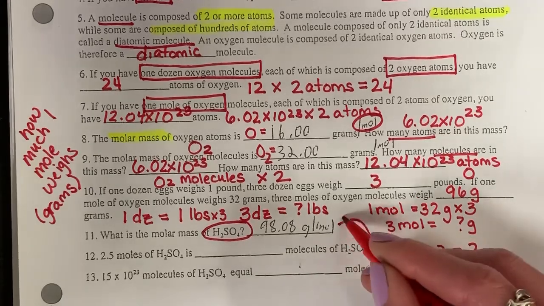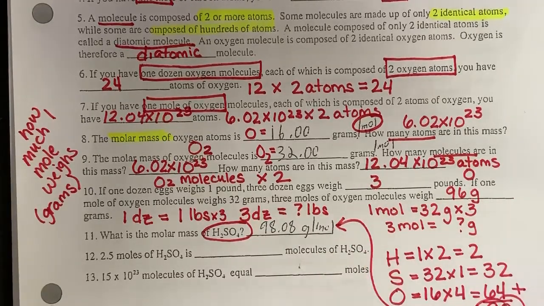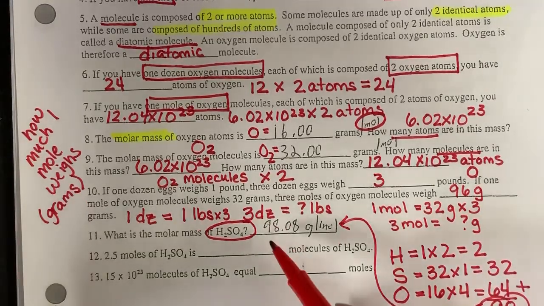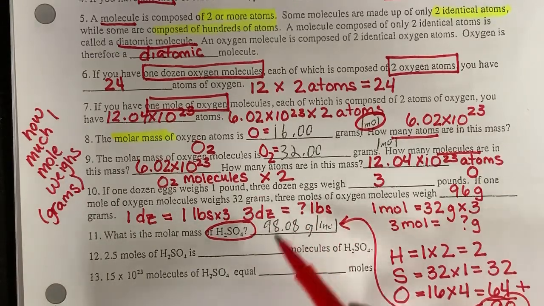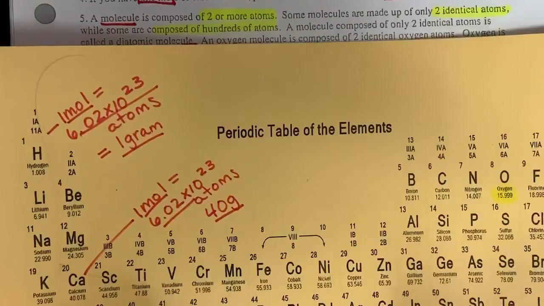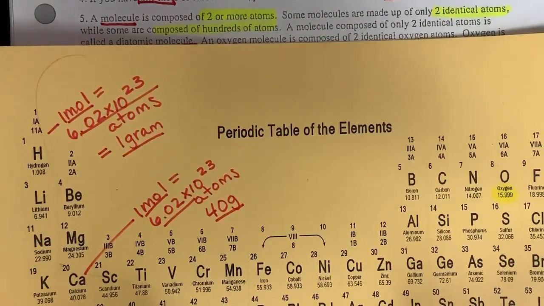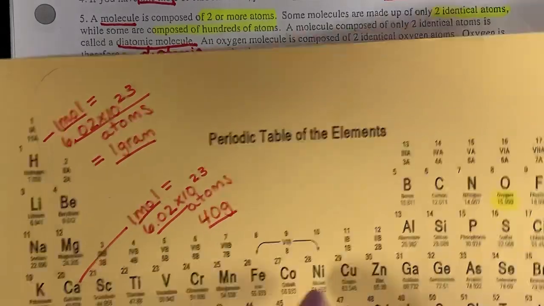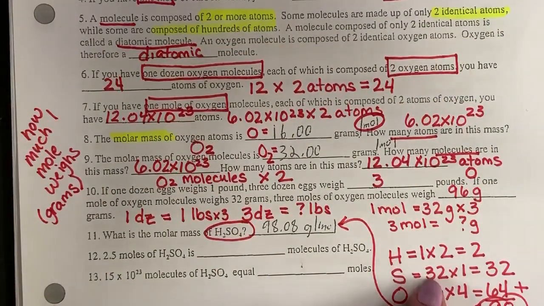That's where that number came from there. Okay? If I add up the molar mass of all of the parts, I get the molar mass of the whole. Okay? So for elements, I just look at the periodic table. For compounds, I have to find all of the elements on the periodic table and add them up to get my total.